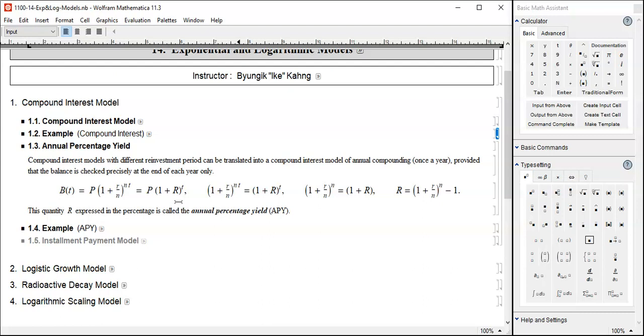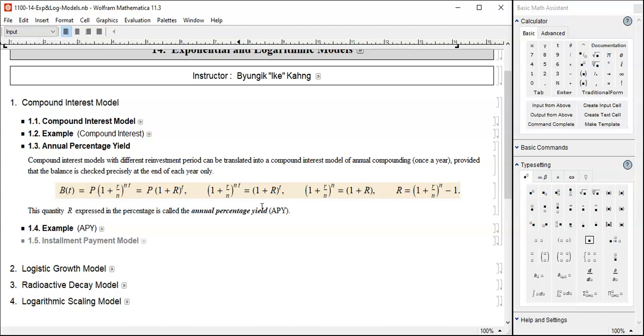The n value is 1, therefore we don't have a denominator here, and we just have t, not n times t, but we have a different interest rate here. I'm using capital R. So the question is what's the relationship between capital R and small r based upon the n value. No sweat. Set those equal and then solve the equation.